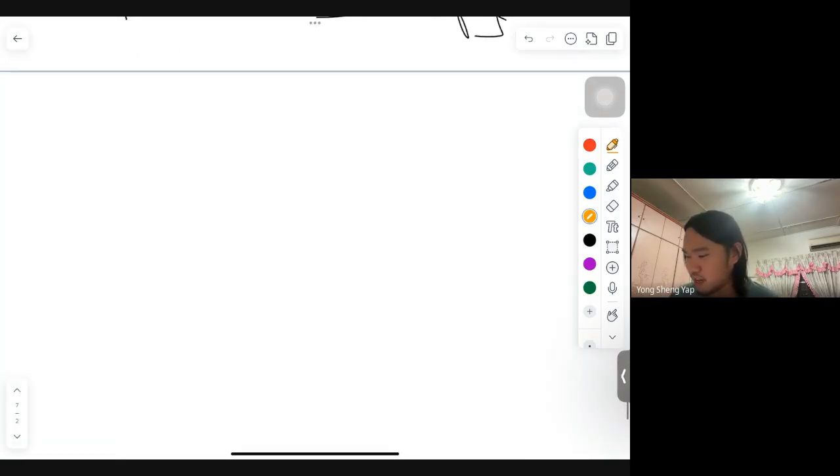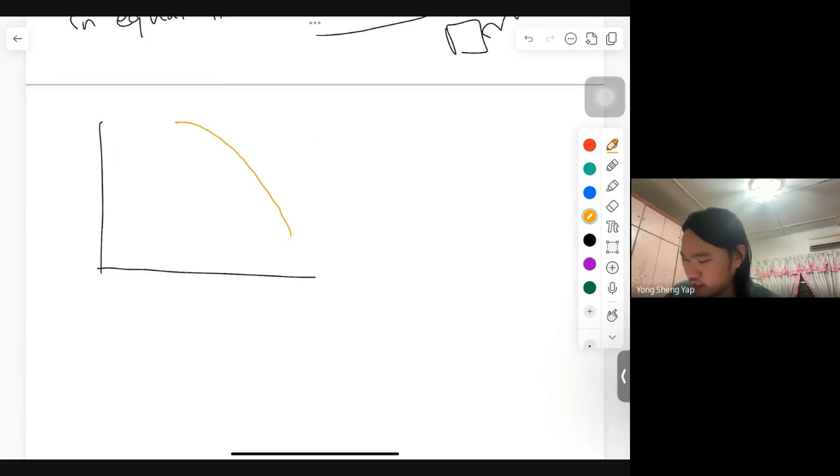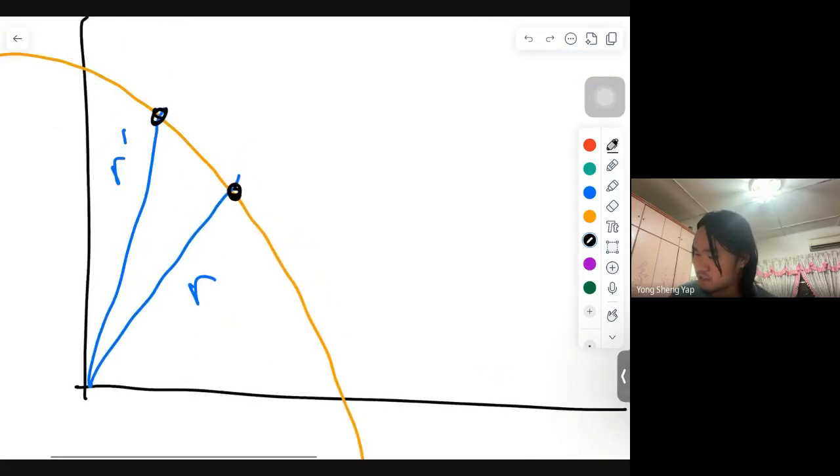Of course, if you take the curve very largely, these two lengths are not really similar. If the reduced mass goes from here to here, the two lengths are not really equal, so you can't treat them as equal.